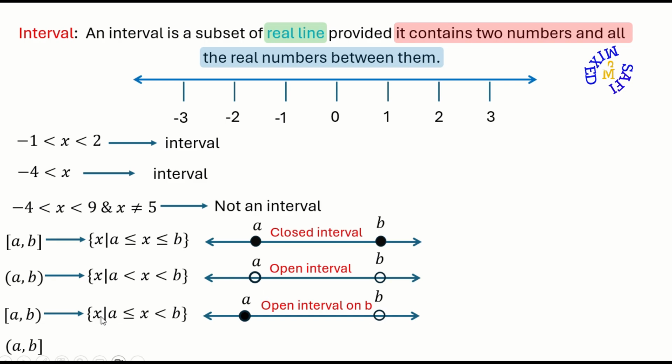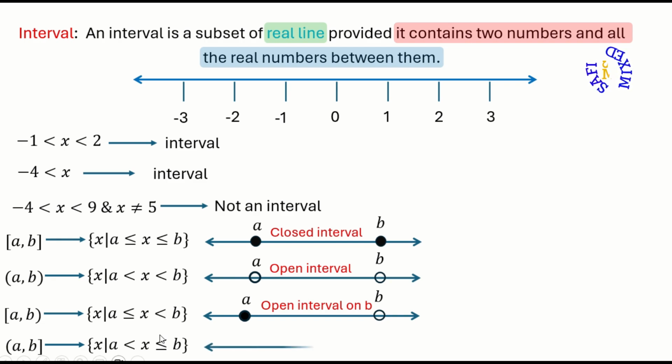Similarly, an interval open on A is written like this, that is, we put a parenthesis prior to A and the square bracket after B. Such an interval in set format is expressed like this: x, where x is greater than a and lesser or equal to b, meaning that b is now included in the interval and a is excluded.